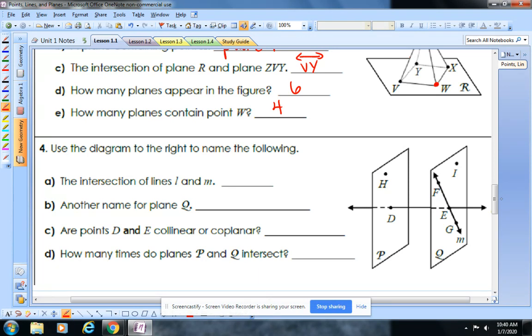These are pretty simple. All right, if you have answered all four of them, please check them with a neighbor.